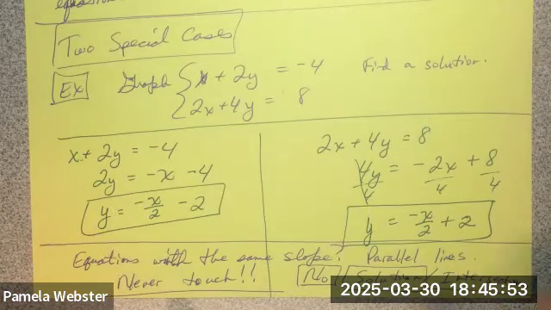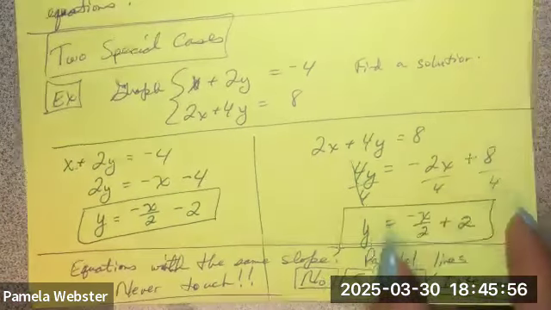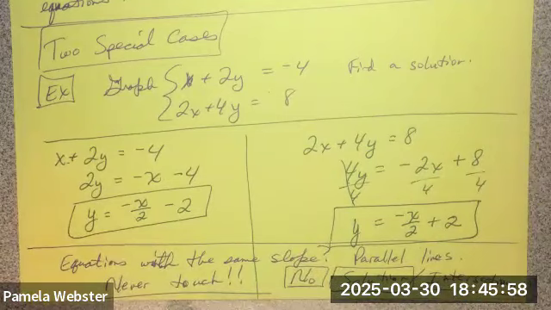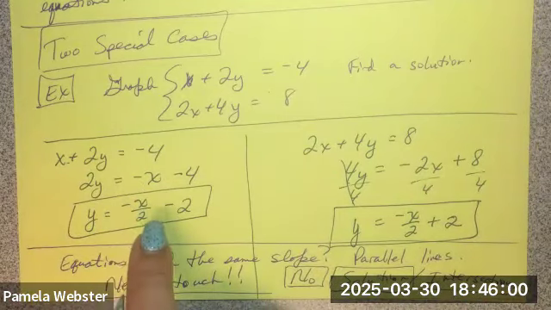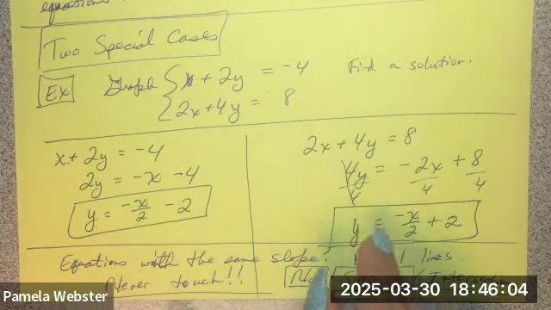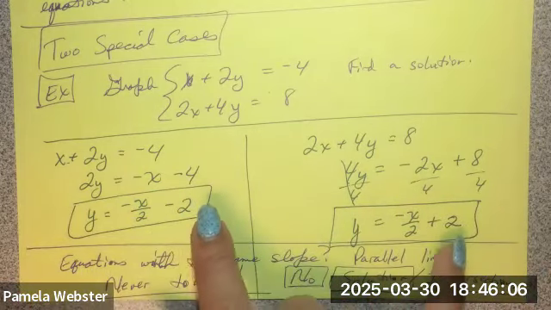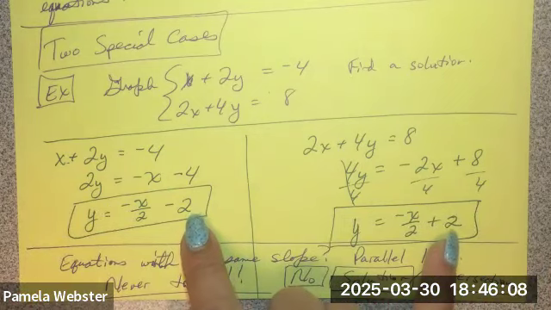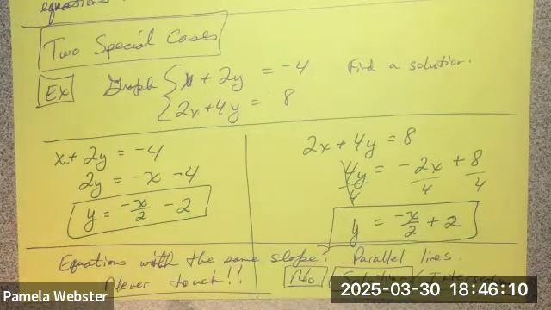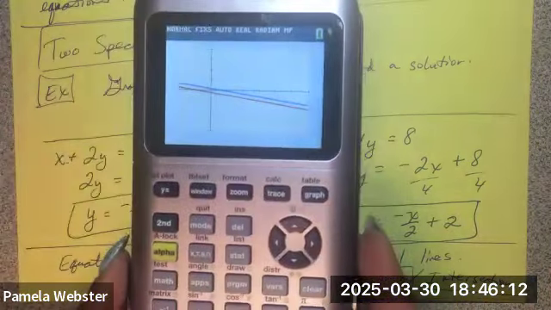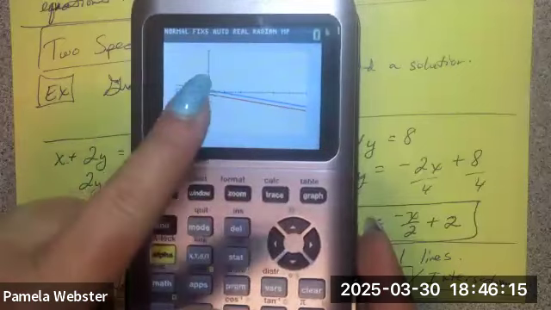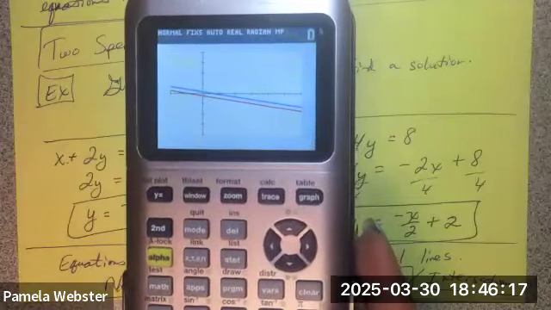So there's no solution. Absolutely. All right, so that's the idea there. So whenever I solve one of these for graphing, got the y equals, and I see they have the same slope, negative 1/2, negative 1/2, I then look at these and I'm a little bit careful. Their y-intercepts are different, right? One's got a positive 2 for a y-intercept and one's got a negative 2 for a y-intercept.